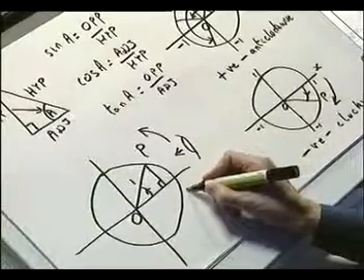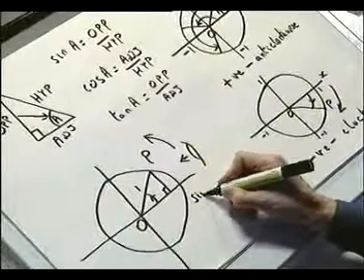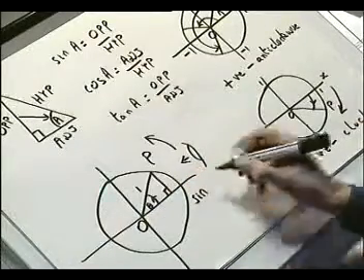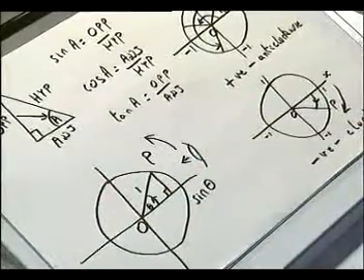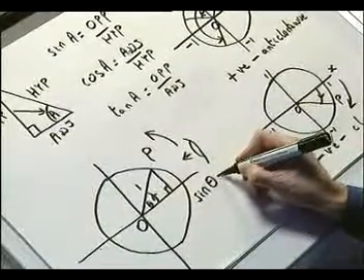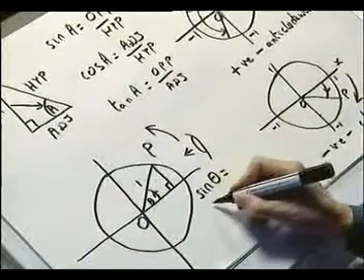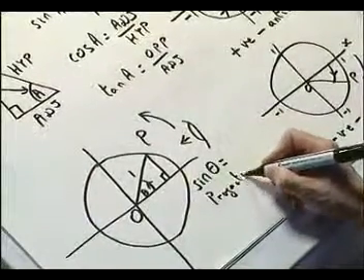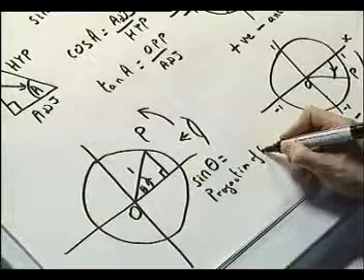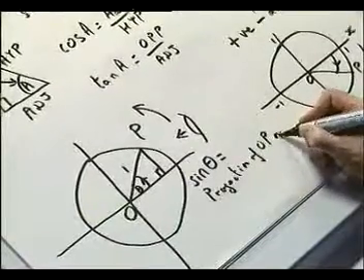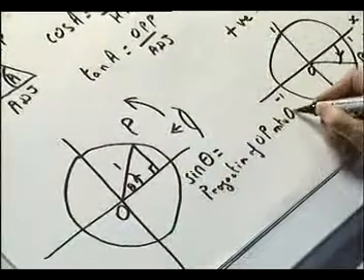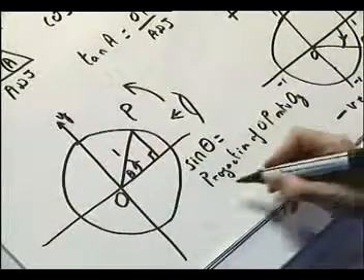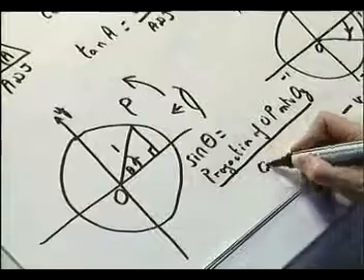So perhaps a way of describing sine of, let me call this theta, a way of describing sine theta would be to say that it is equal to the projection of OP onto OY, the y-axis, divided by OP.